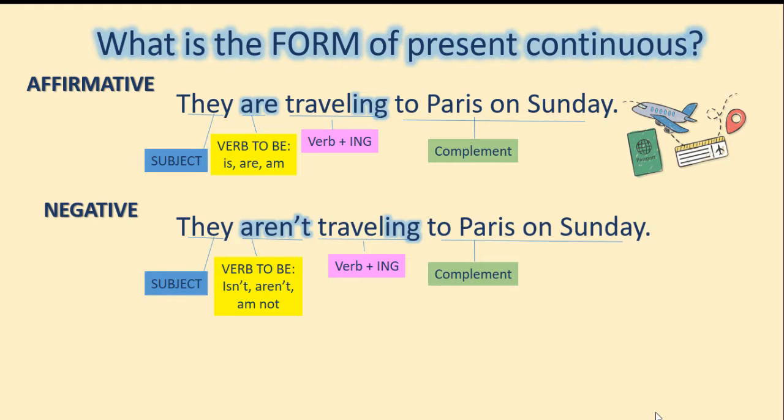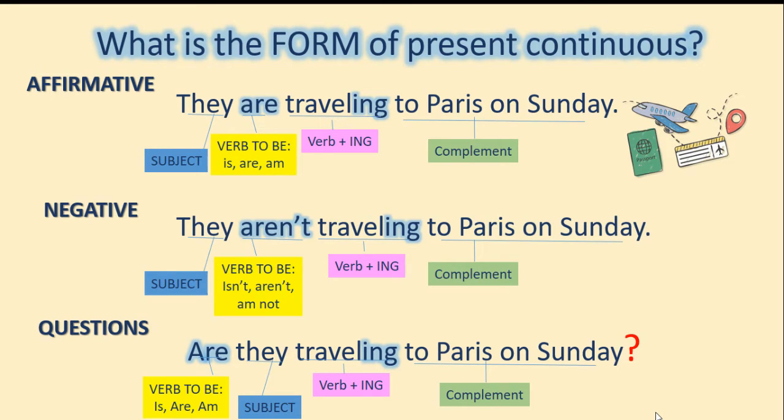The only difference, as we said in going to, is that instead of is or am, we're going to have isn't, aren't, or am not, and all the forms that we already know, okay? The verb plus ing. Don't forget, in order to have present continuous, we need the verb to be and the verb with ing, and obviously the complement.